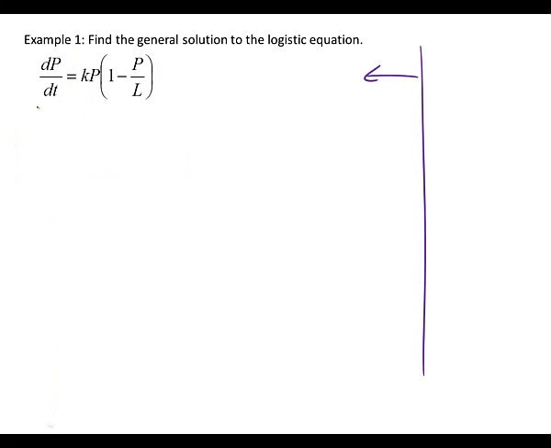Okay, got it? So we're going to start with 1 over p times 1 minus p over L. Okay, I want to get rid of that denominator. So how would we get rid of that denominator? We got to multiply by L, right?